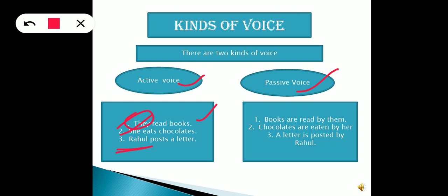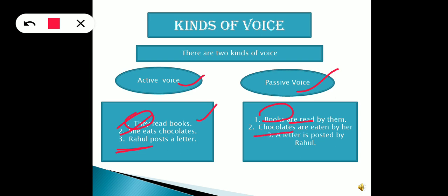But if we see the passive voice of these three sentences, what will we find? Books are read by them. Here books are read is the form of verb, and books are not doing any action. Here the subject is being acted upon. In the second example, chocolates are eaten by her.